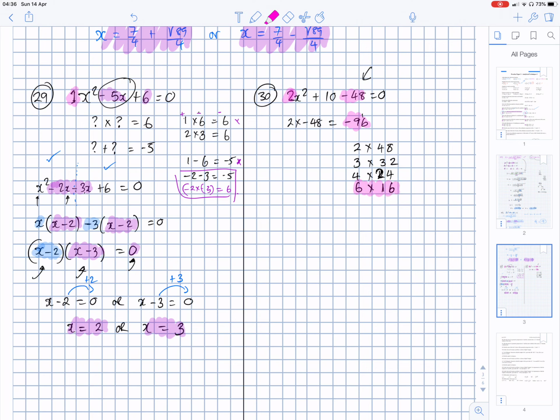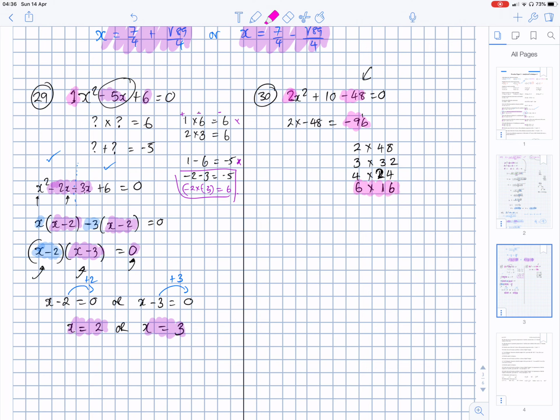Let's take 2x out because it's common, which leaves us with x plus 8, and then minus 6 leaves us with x plus 8 again, because 6 goes into 48 8 times. Now we have x plus 8, which we can factorize, and we're left with 2x and minus 6. So it's going to be x plus 8 in brackets times 2x minus 6.